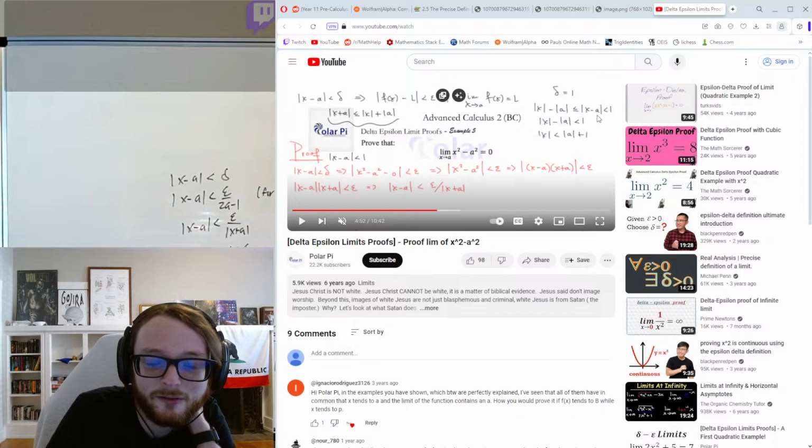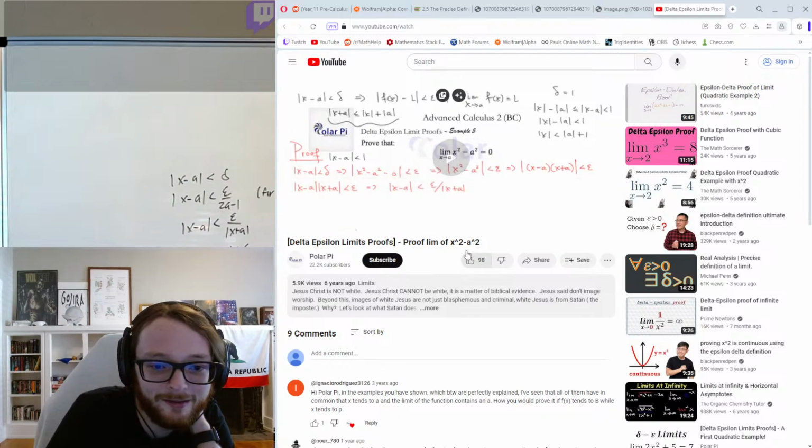So they're letting absolute value of x minus a be less than 1 again, and then they use the triangle inequality: absolute value of x minus absolute value of a is less than 1, so absolute value of x is less than absolute value of a plus 1. Oh, are they going to plug this into the x plus a? Or how's this going to work?